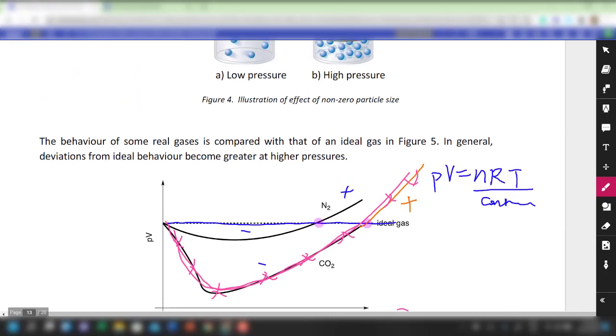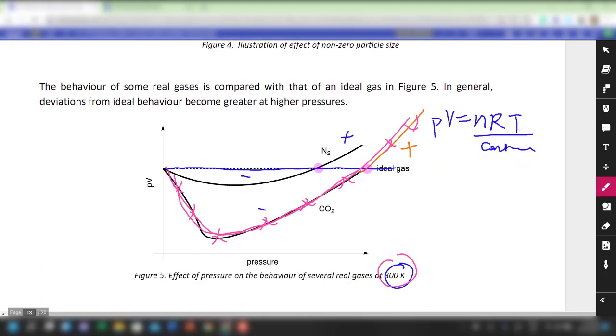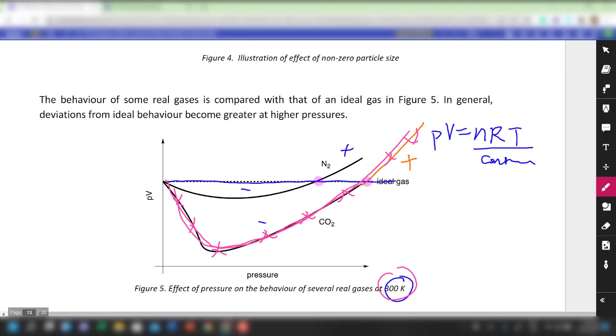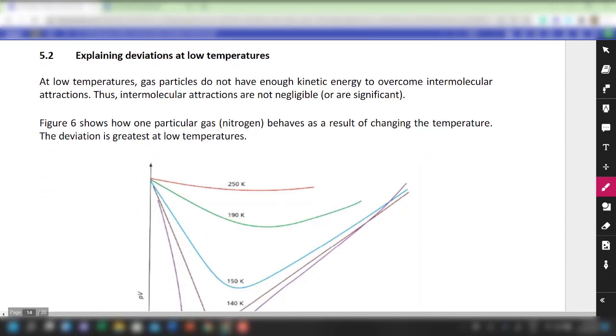For section 5.1, we are not exactly explaining a lot of things. We are just showing you an example of a deviation from ideal gas behavior at high temperature. This tends to be what we call a positive deviation, and we are fixing it at one temperature, which is 300 Kelvin. The detailed explanation will be given later on.